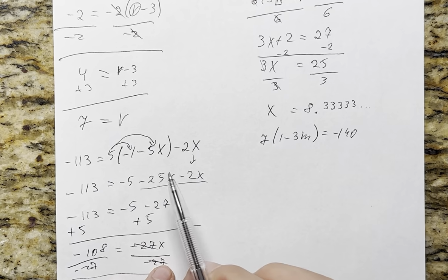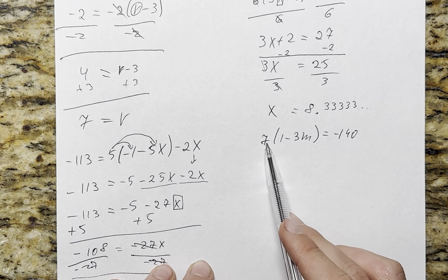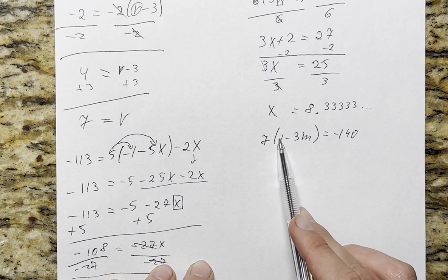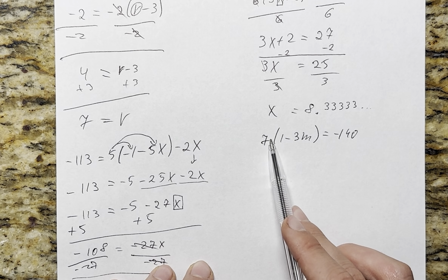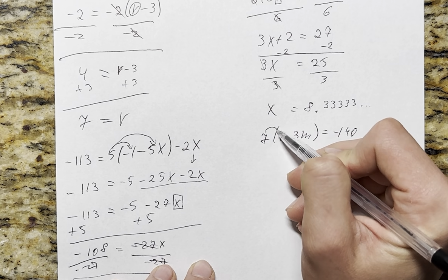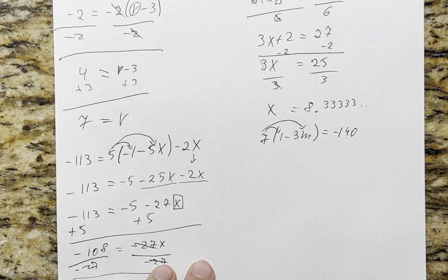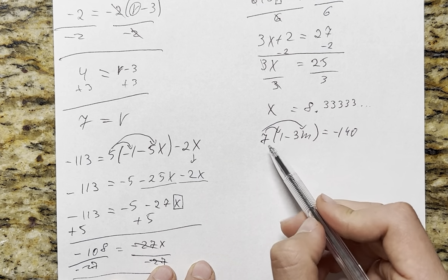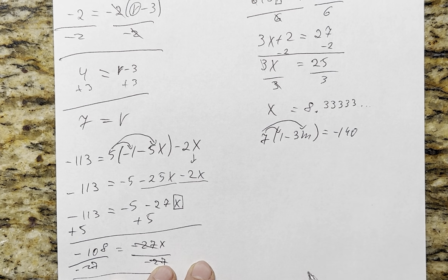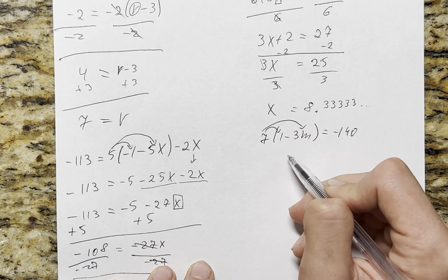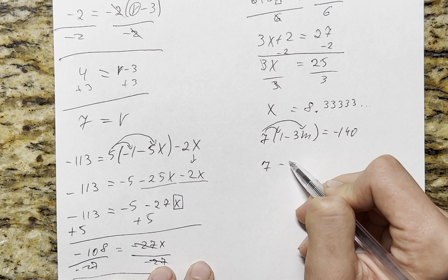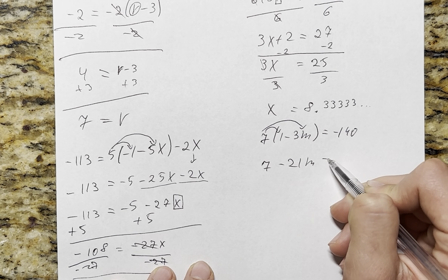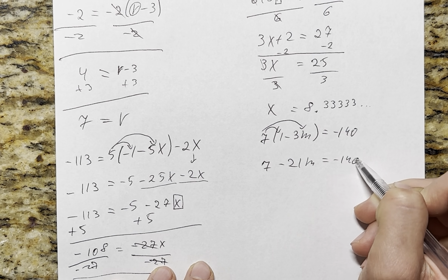Just as in the last one, you have to first multiply each of these numbers in parentheses by the number in front of the parentheses, right? Like the fountain method. So 7 times 1 is 7. 7 times negative 3m is negative 21m equals negative 140.